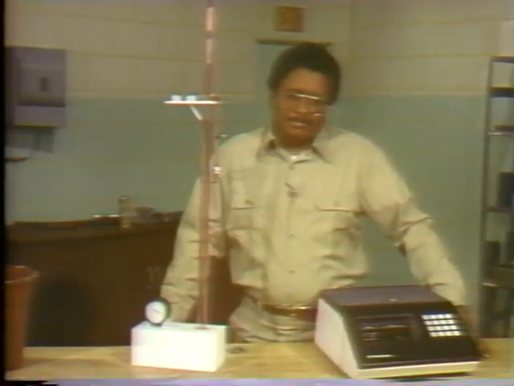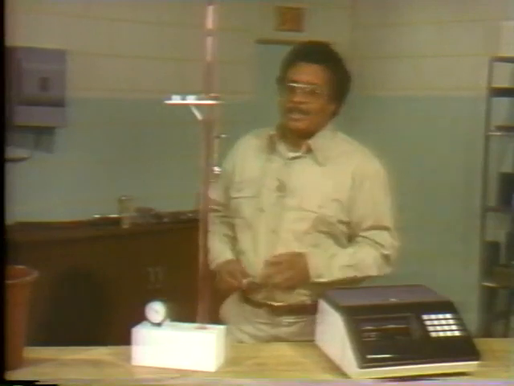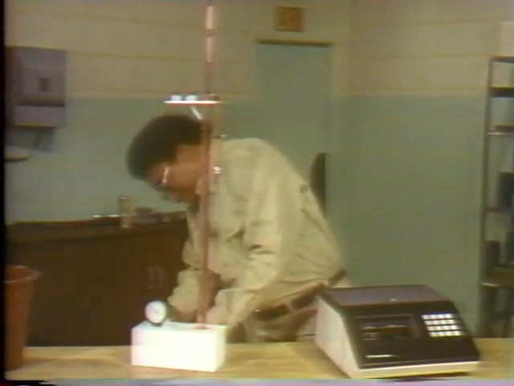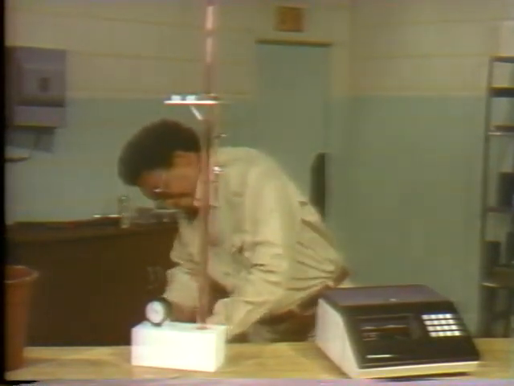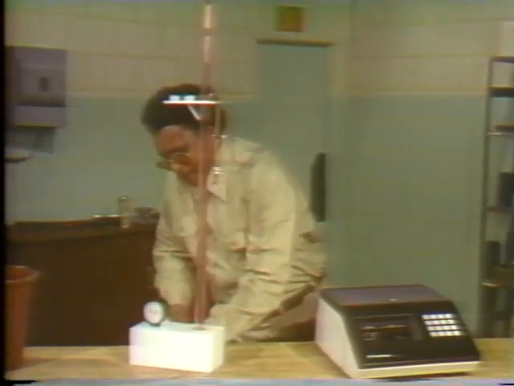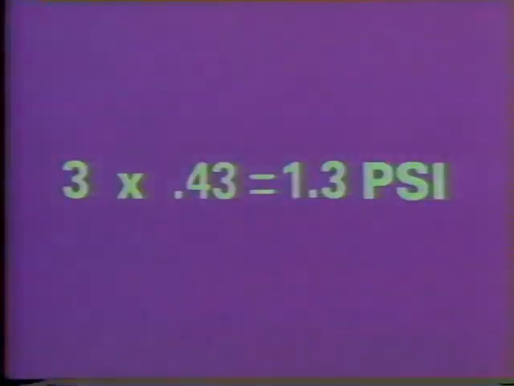In a 5 foot column, there are 3 feet above the point that we're measuring. And 3 times 0.43 equals approximately 1.3 psi.